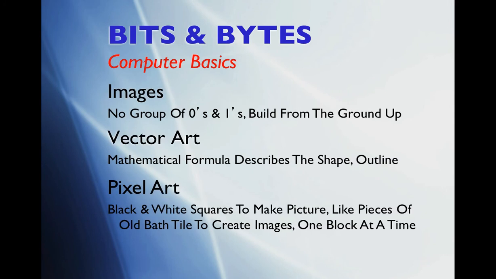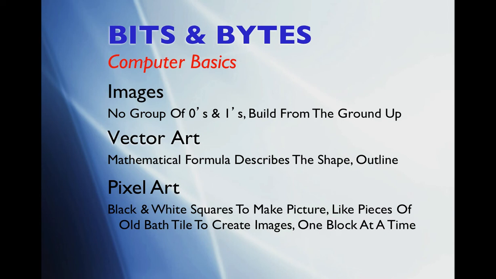Now, when we start talking about graphic images, it's important to remember that there's no specific group of zeros and ones that make up a picture of a cow or a horse or a house or anything else. And so we need to build it from the ground up.